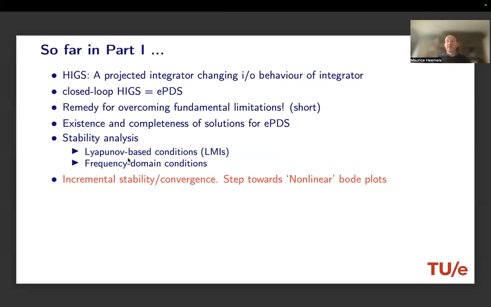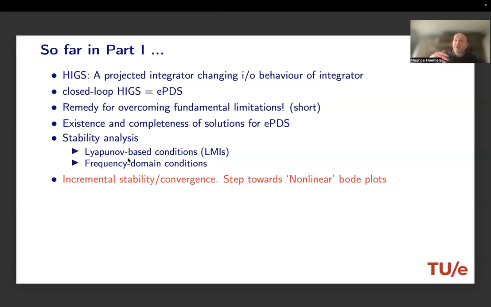Just like a stable linear system, sine in gives a unique steady state sine out of the same frequency. If you have somewhat stronger incremental stability properties, so input to state incremental stability or exponential incremental stability, you get the convergence property that guarantees the existence of a unique steady state solution that is incrementally stable.